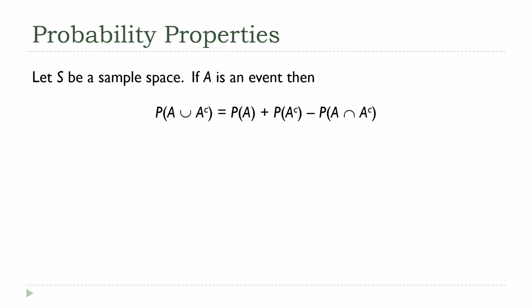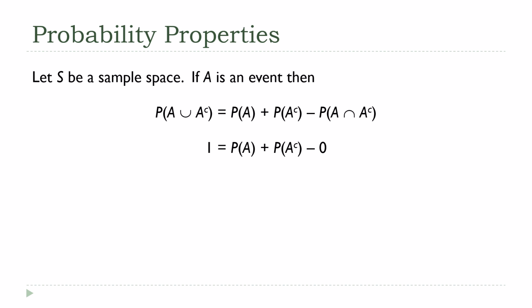But I want you to think about that intersection for a minute. Right? The intersection is disjoint. Something can't be in both A and the complement of A. That means that A intersection A complement is the empty set, and we saw with the previous axiom, the probability of the empty set is 0.